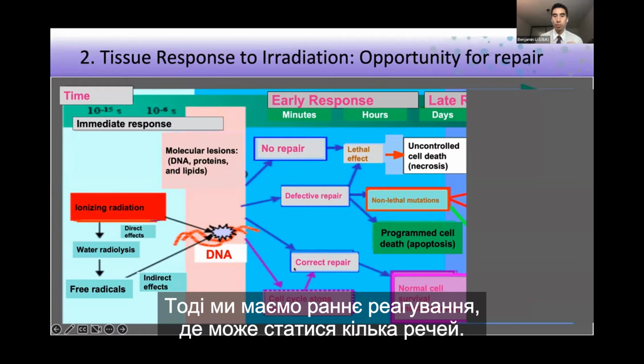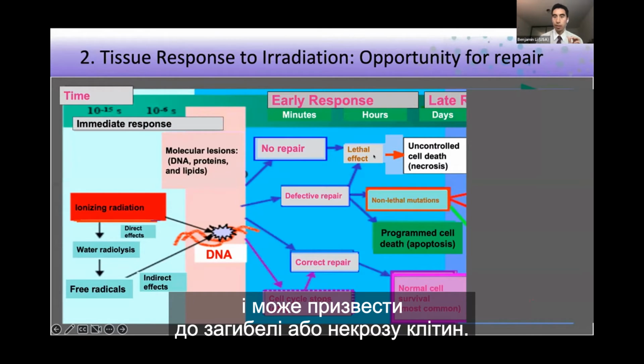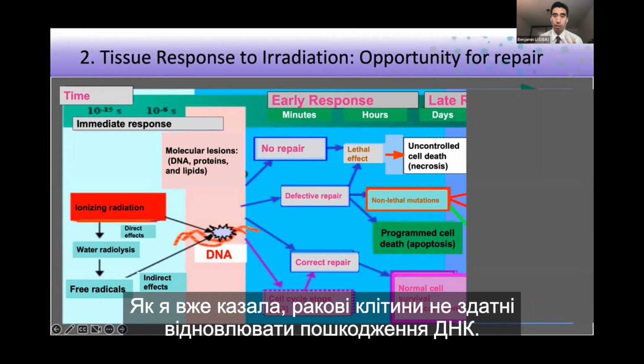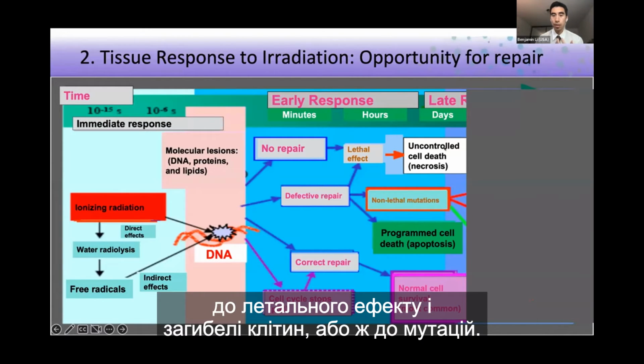And then we have an early response where a couple things could happen. We could either have no repair of that damage, which then has a lethal effect and can lead to cell death or necrosis. Or we may have defective repair. Like I said, cancer cells are not as capable of repairing DNA damage. So if it doesn't heal correctly, that can also lead to a lethal effect and cell death.